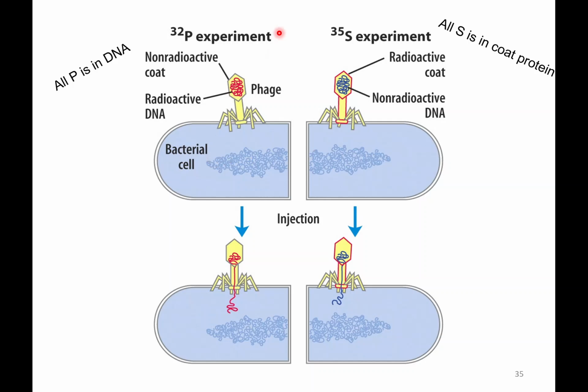So what they saw when they did both of these experiments, in the P32 experiment, after they infected the bacteria with the virus, they noticed that there was radioactivity inside the bacteria cell. I'm kind of jumping ahead here. That's on the next slide.